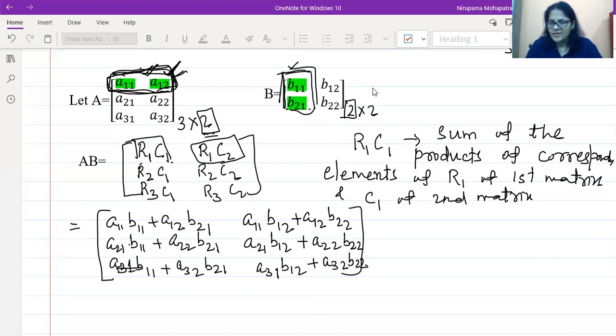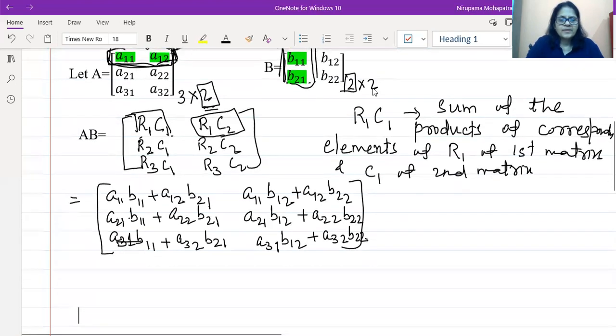That is the reason the multiplication of two matrices is defined when the number of columns of the first matrix is equal to the number of rows of the second matrix. Is the concept clear?